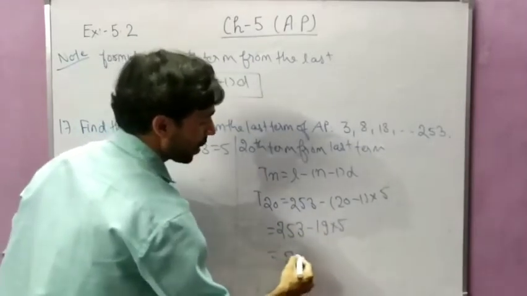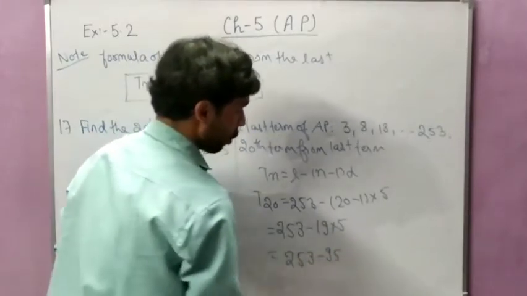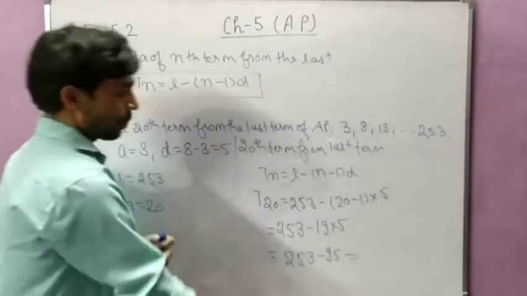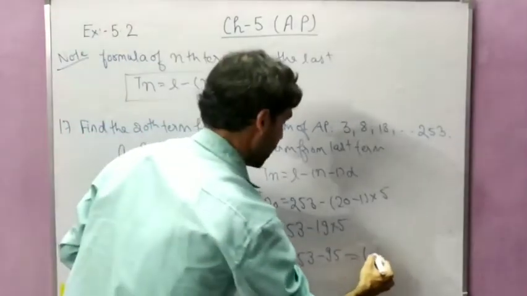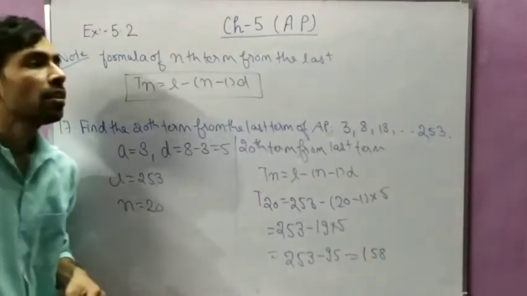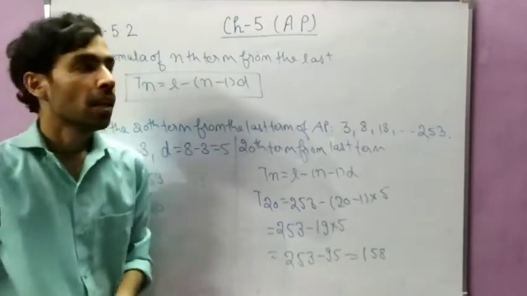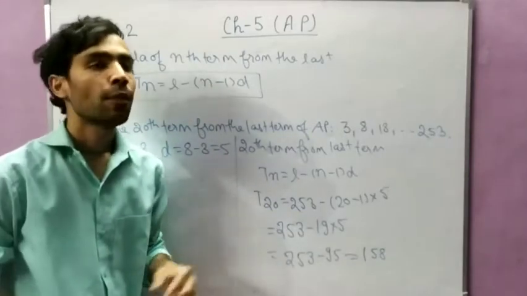So 253 minus 95. So you will solve it, you will get 158. So the 20th term from the last is 158.